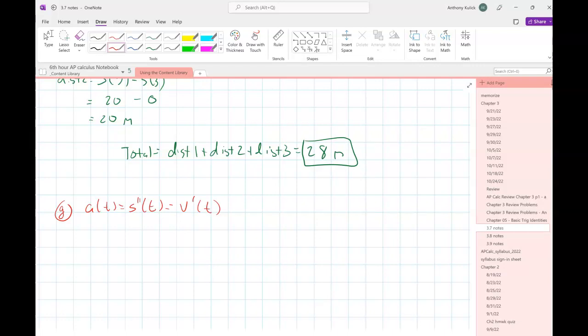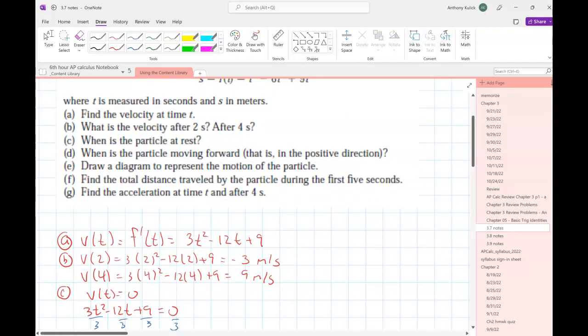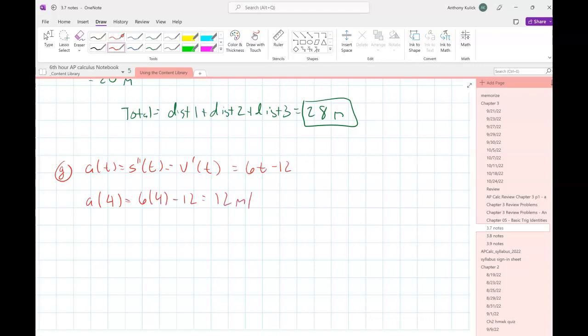So if I go back to my velocity function, the derivative of 3t squared minus 12t plus 9, 6t minus 12. Everybody agree with that? Easy enough. So after 4 seconds, I just plug 4 in. I get 12 meters per second squared.